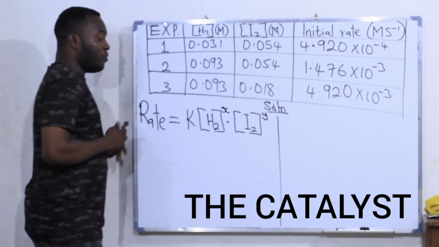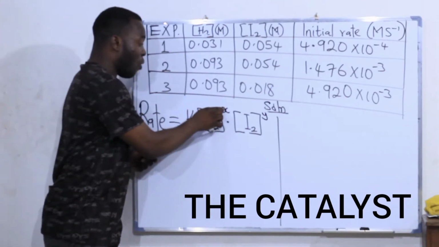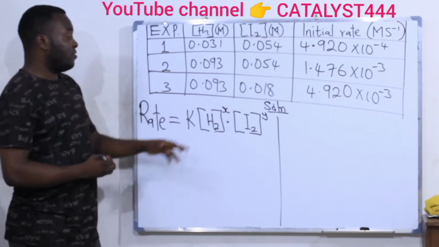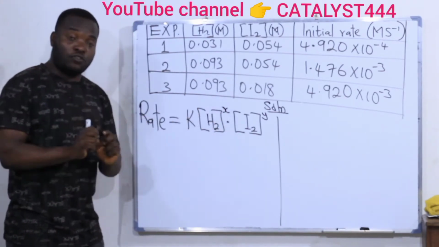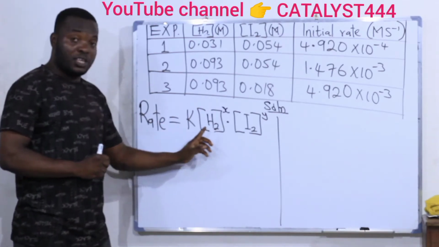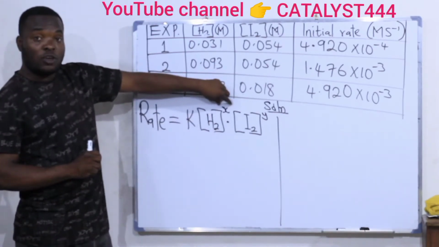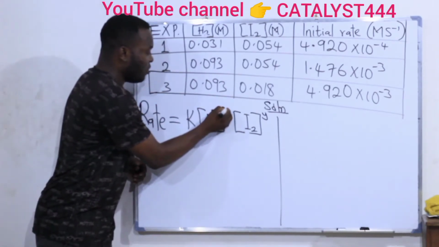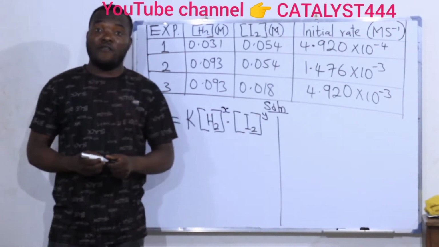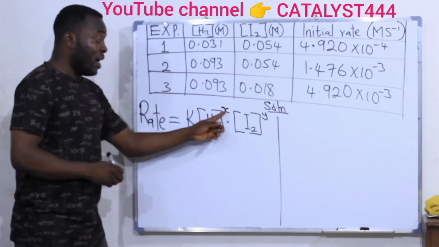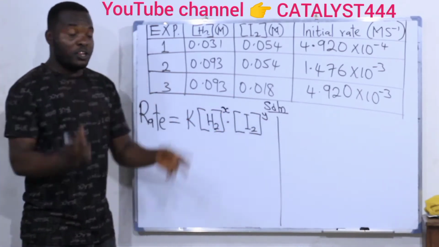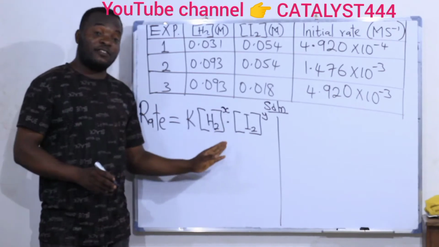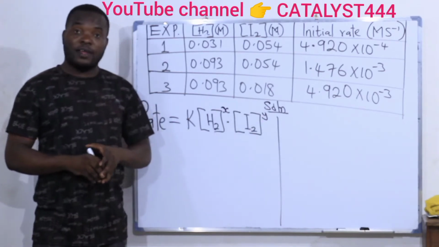The order of reaction with respect to hydrogen is x, the order with respect to iodine is y, and the overall order of the reaction is x plus y. So all we need to do is find the value of x and the value of y.